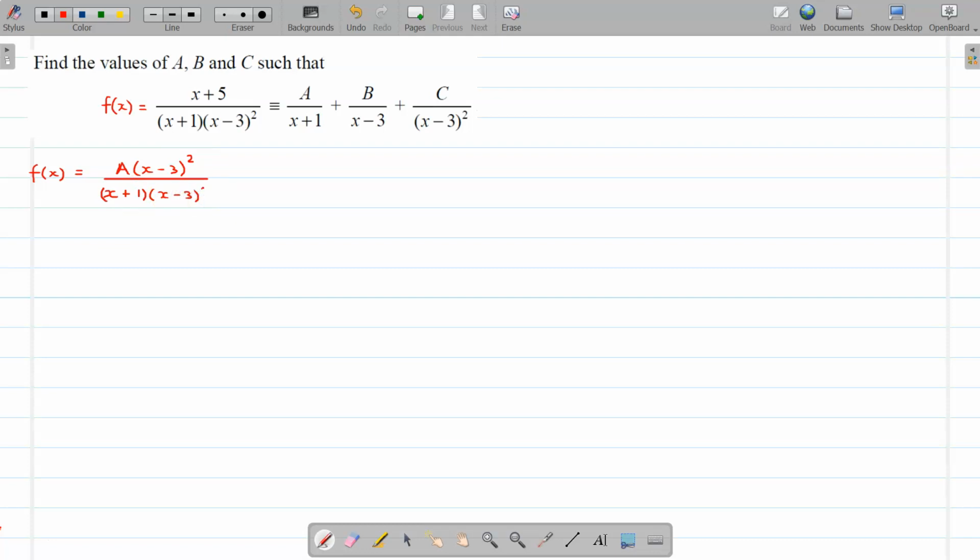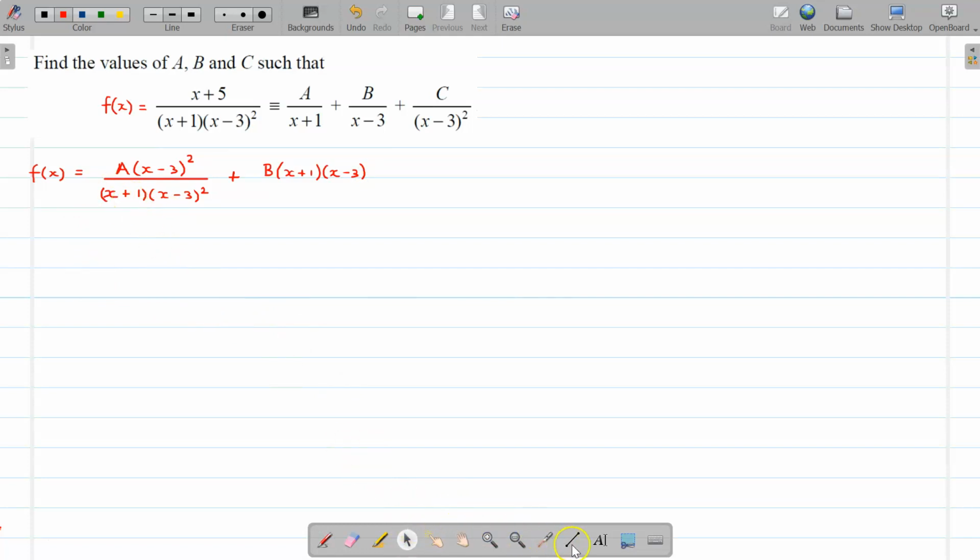Then I'm going to add the next fraction, which is going to be b, and to adjust that I'm going to have to put both an x minus 3 and an x plus 1 next to it. Then I'm going to have to put underneath exactly the same as what I've got here.